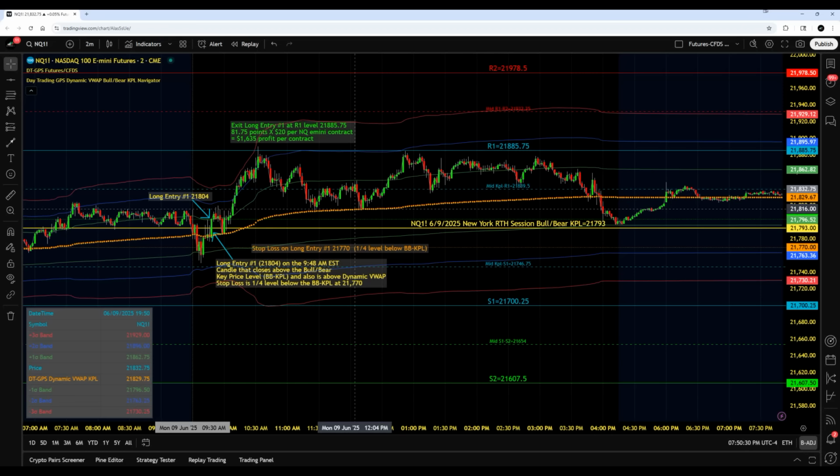In this case, on this day, if you're taking a long entry, you would have another nice gain here, because you would have an entry somewhere in the 21,814 to, say, 21,824 range, and you would have made another 60 points or so here, which would be another $1,200 a contract. So it's just up to the individual trader. Some people do overtrade quite a bit. That, in my opinion, is not a really good habit to get into.